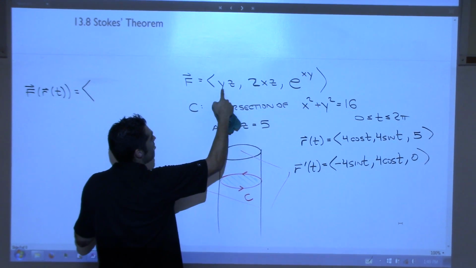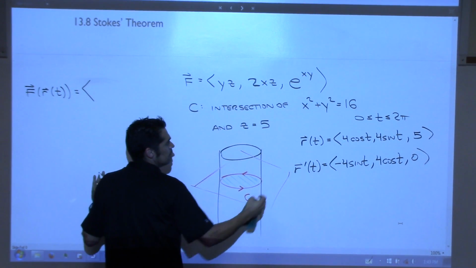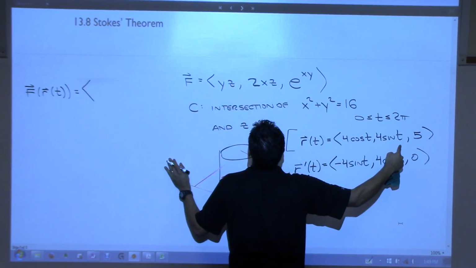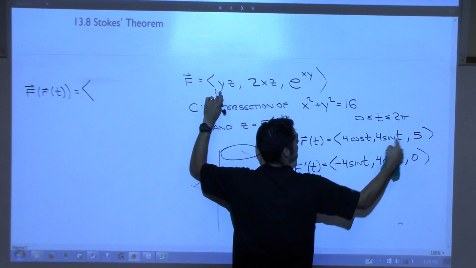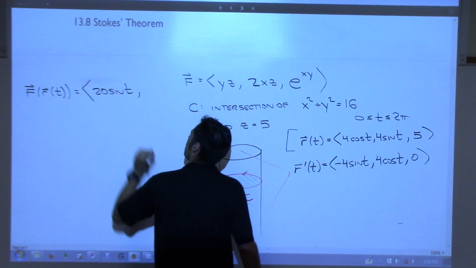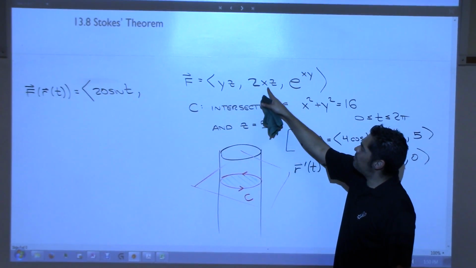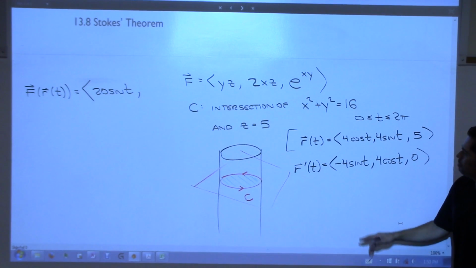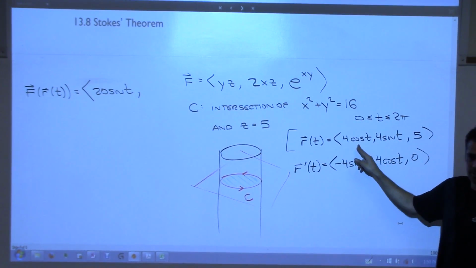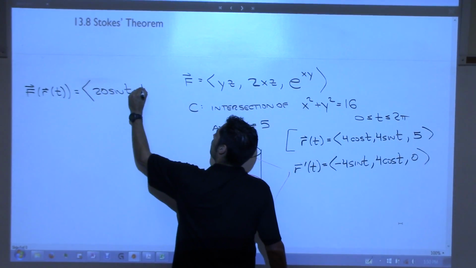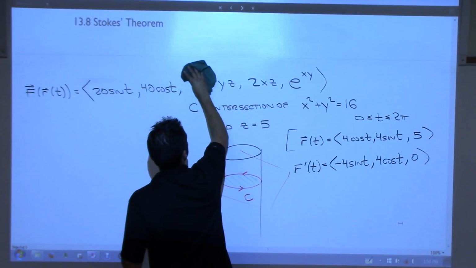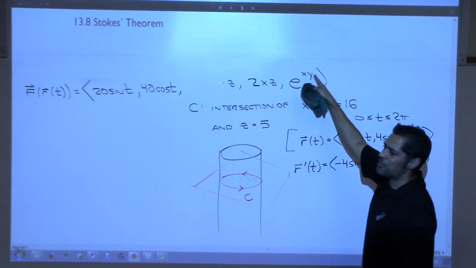What is yz? Remember, we're working off of this one. Z is 5, right? Y is 4 sine t. So this is 20 sine t. What is 2 times x times z? 40 cosine t. And then the last piece is e to the xy.